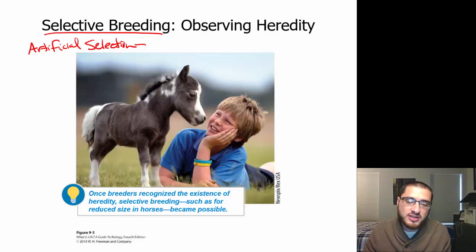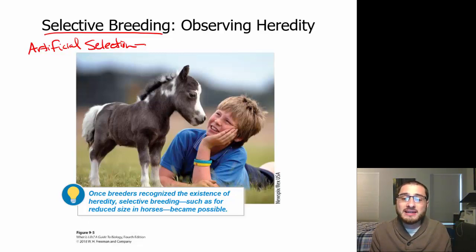So in natural selection, nature is choosing which traits will survive, which organisms will live long enough to reproduce and pass on those traits. With artificial selection, it's humans doing the selecting. We're artificially selecting which organisms are going to live and reproduce and pass on those traits and make more organisms with that trait, and which organisms are not going to be passing on traits or reproducing.